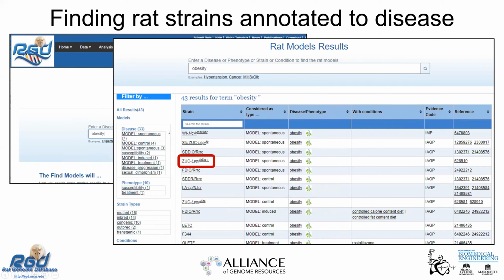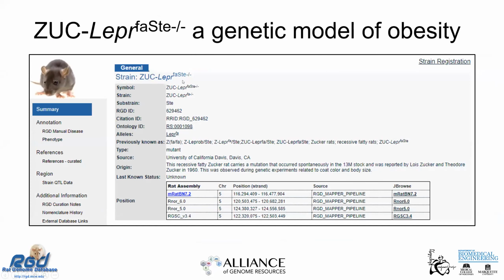So the strain symbols in this column are links to the strain page. If I click on this link, I'm taken to the strain page for this knockout rat for the Lepr gene.